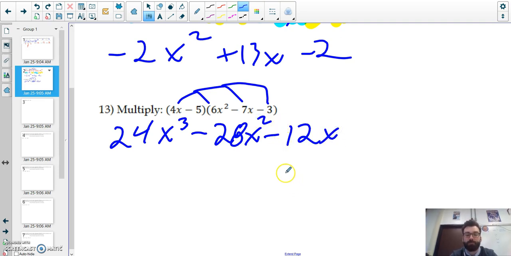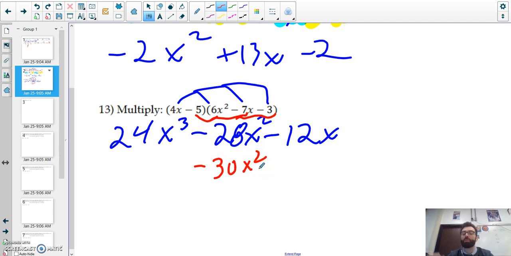Then I want to multiply -5 to everything. I'm going to show you a little trick here. So I have -5 times 6, that gives me -30x squared. I'm going to line the -30x squared right underneath the other x squared. Why?